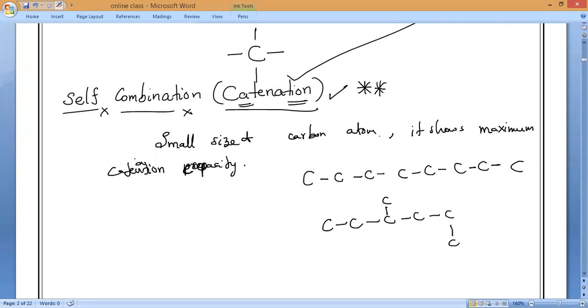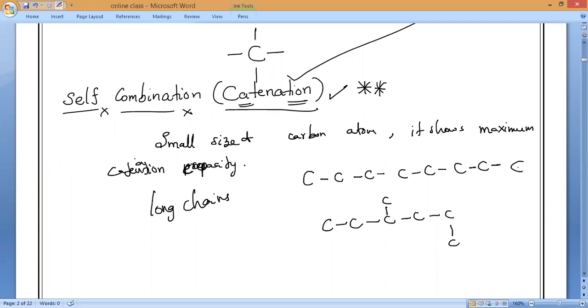So catenation means self combination of carbon atoms to form long chains. Carbon itself will form the longest chains. Even thousands of carbons will be together and form many compounds. That is why it is called the versatile nature of carbon.